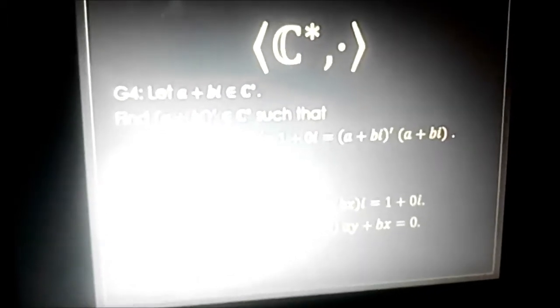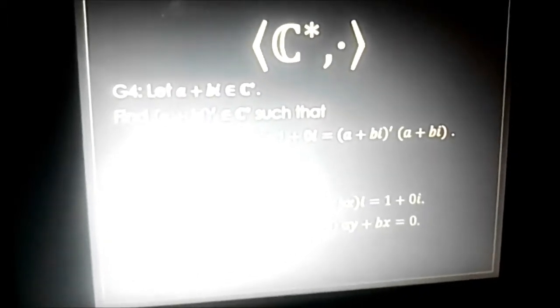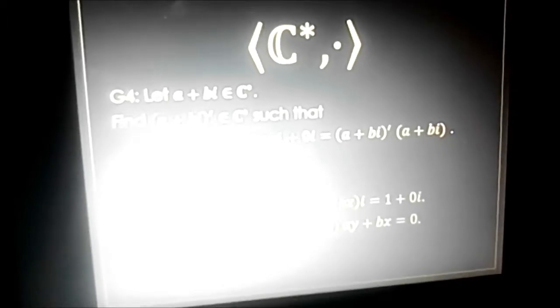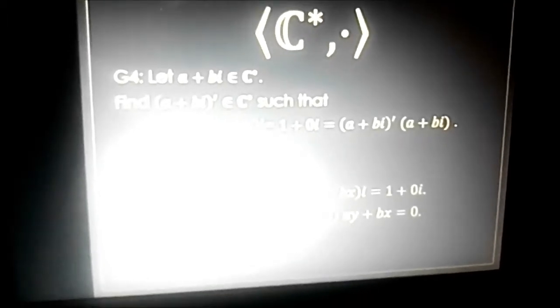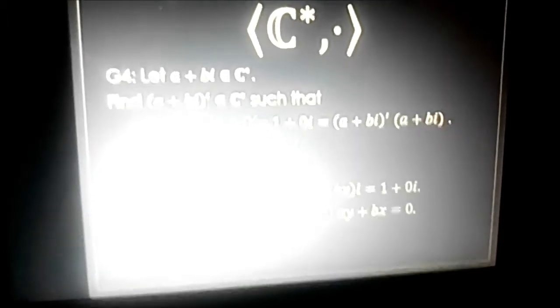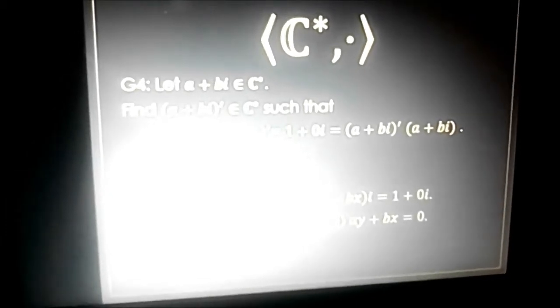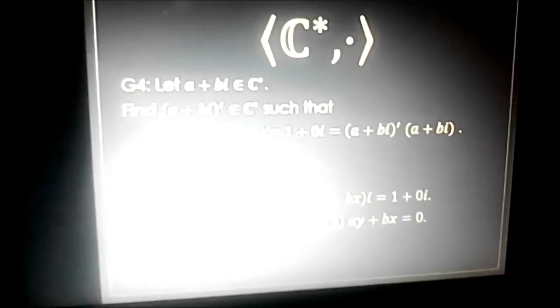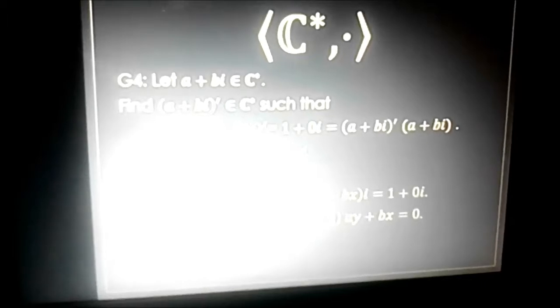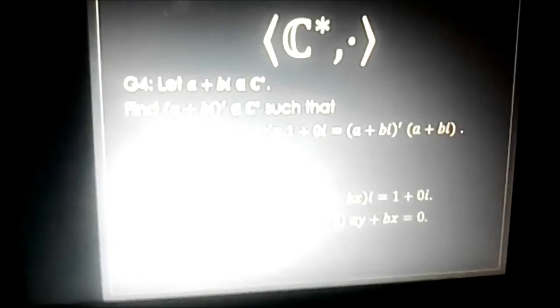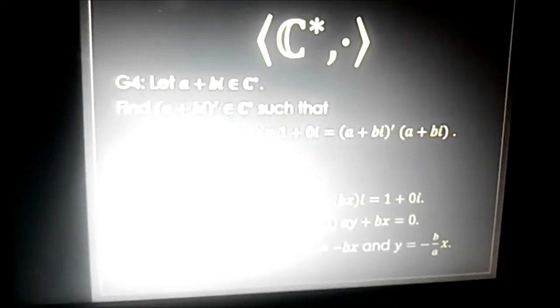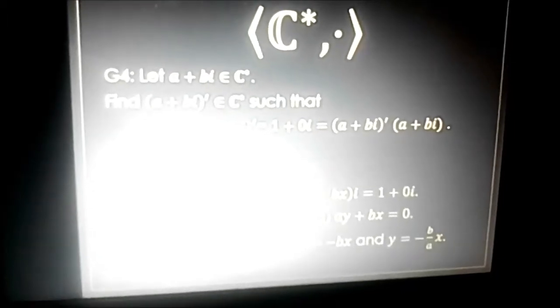So, we would proceed with ax minus by, which is equal to 1, which is in the form of real numbers. The second equation is ay plus bx, which is the part of the complex number, which is just equal to 0. So, based on that, we consider if a is not equal to 0.